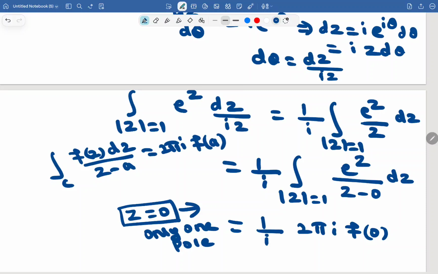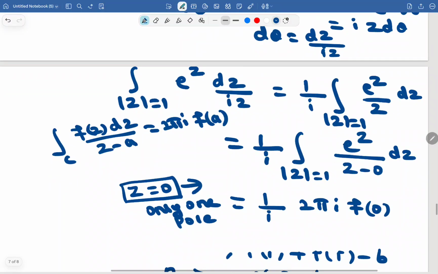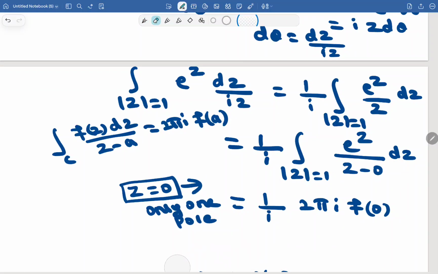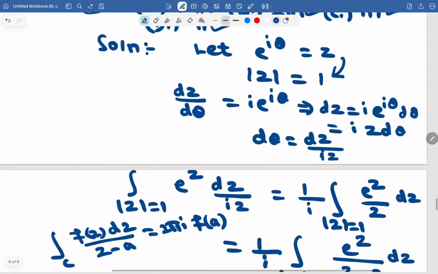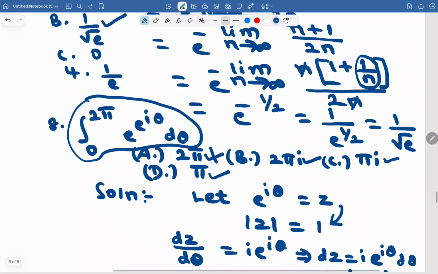Here a is 0, f of z is e power z. So 1 by i into 2 pi i into f of 0, f of 0 is e power 0, i cancels, e power 0 is 1, answer is 2 pi. For this problem, the first option is the correct one.